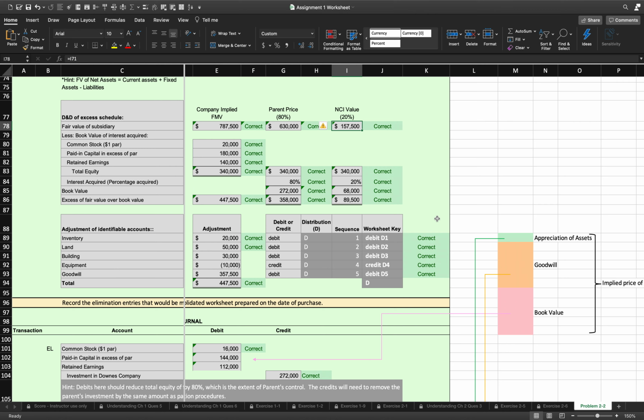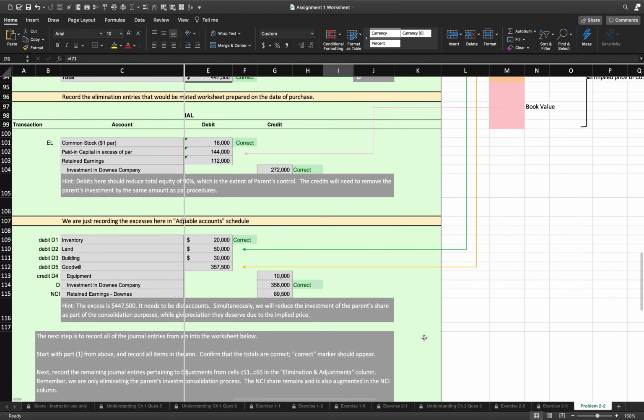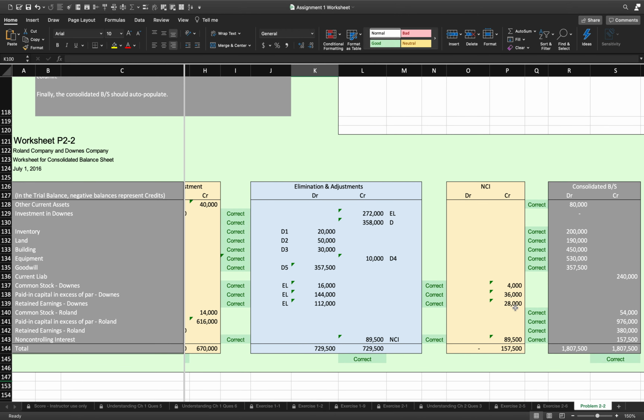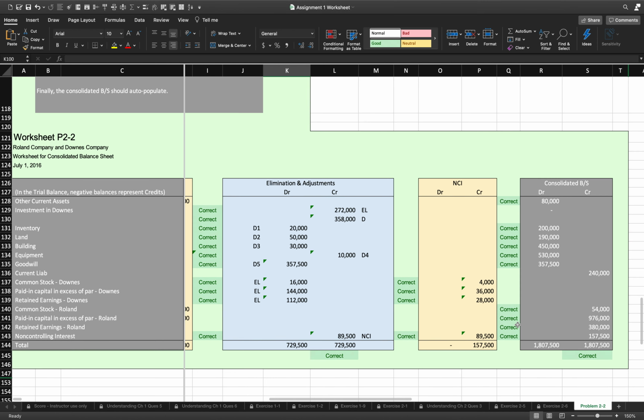Right. So now we have taken care of everything that was owned by NCI, and we've given them the 20% that remained behind of the book value, and then 20% of the appreciation or excess, 89.5, and the total of the two is really what the NCI is worth.